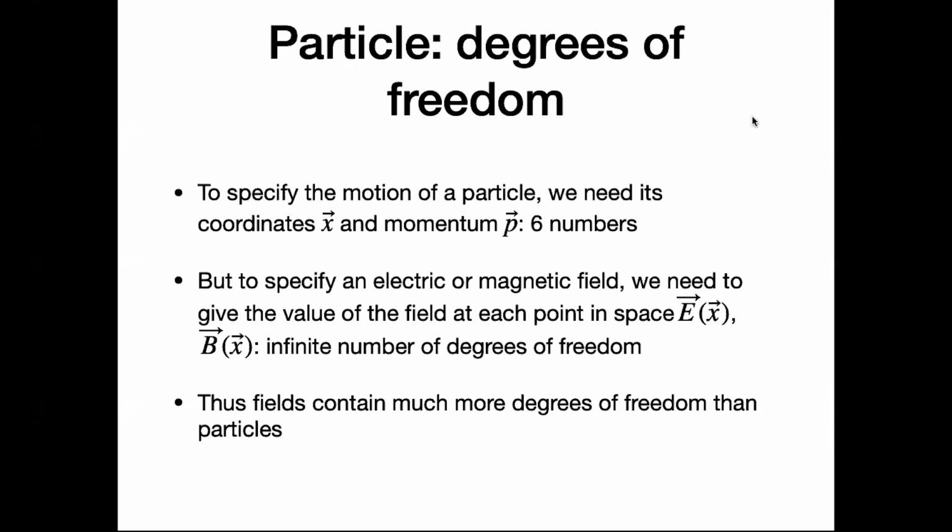So the electric field is a function of x, and the magnetic field is a function of x. So actually, there are 6 functions of coordinate x that amount to an infinite number of numbers that we need to give in order to completely specify the initial condition, for example, for the Maxwell equation. So fields contain much more information, or we say much more degrees of freedom, than particles in classical physics.